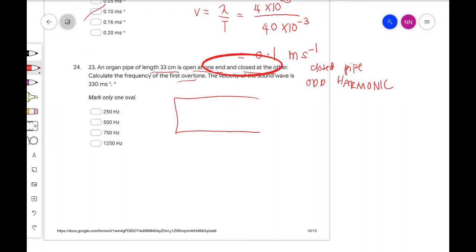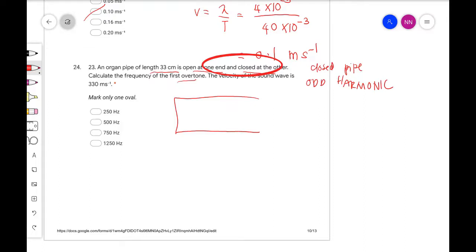Fundamental mode is the first harmonic. After the fundamental mode is the first overtone. The first overtone is equivalent to the third harmonic. The second harmonic does not exist for a closed pipe.